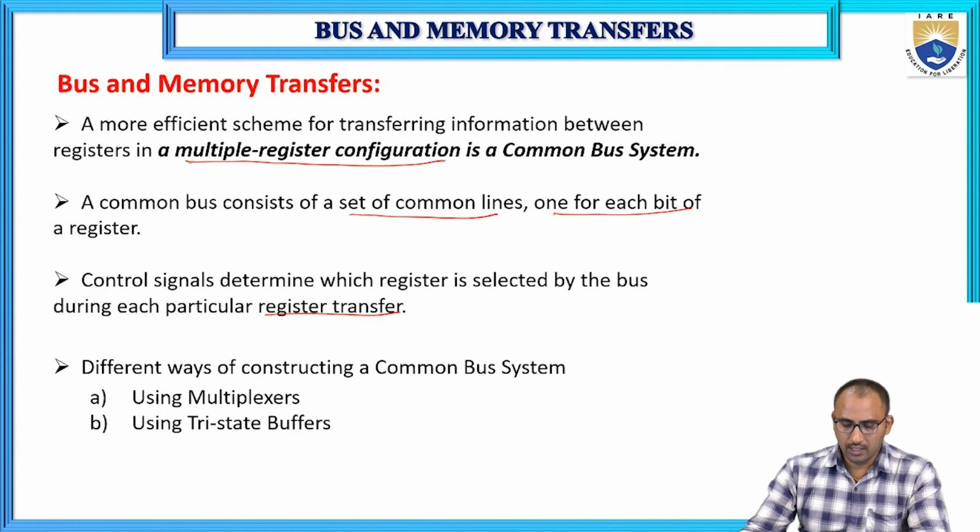This common bus system we can implement in two ways: constructing the common bus system using multiplexers, and constructing the common bus system using tri-state buffers. These are the two ways of constructing the common bus system.